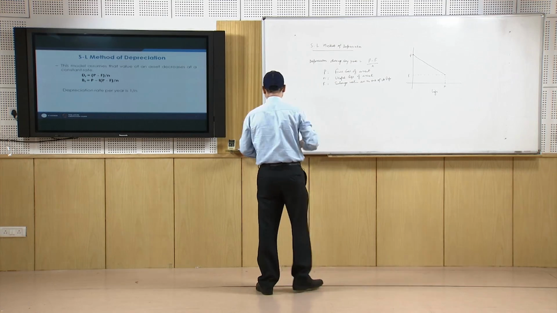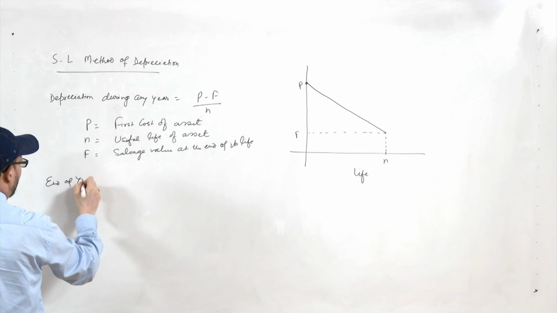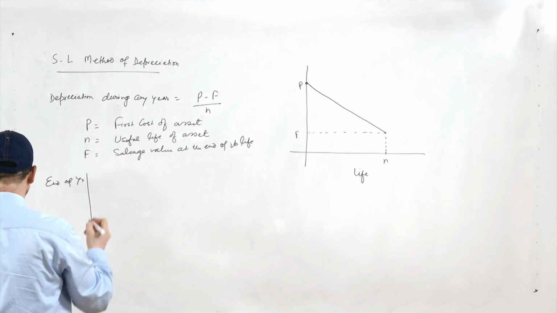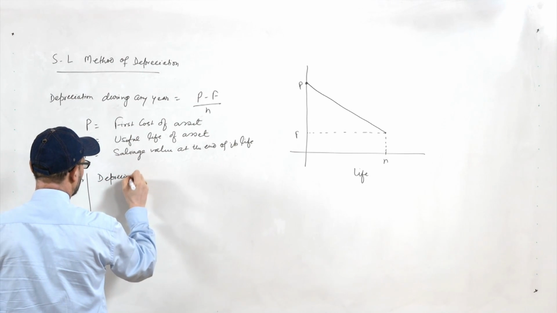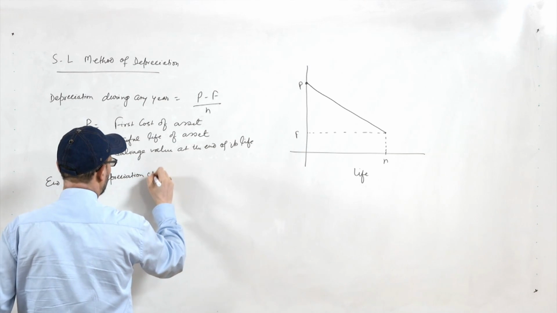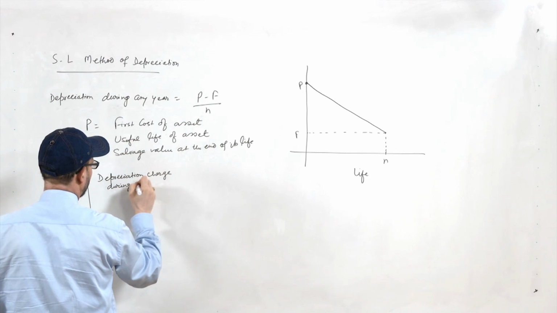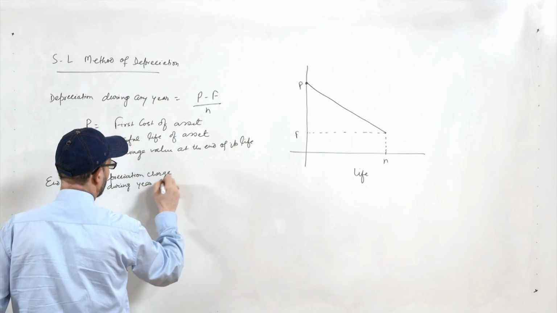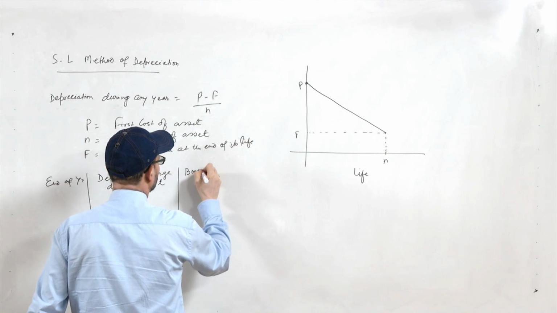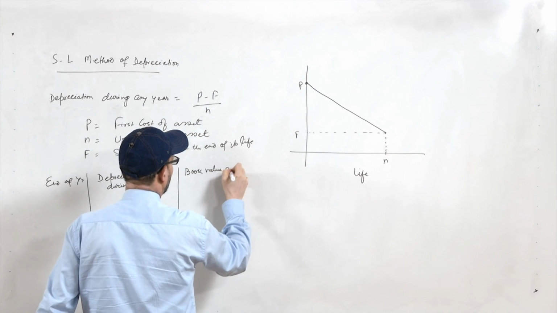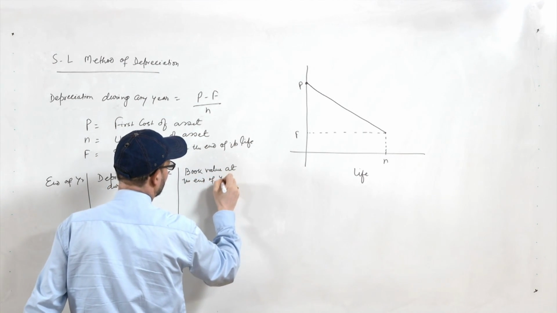If you take a table like this, it will have end of year, then depreciation charge during year t, and book value at the end of year t.